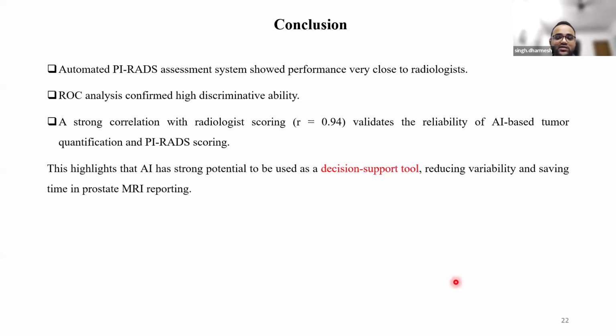The ROC analysis further confirms the high discriminative ability, and most importantly, the automated PI-RADS scoring has a very strong positive correlation, like 0.94. So this validates the reliability of our AI-based tumor quantification. Overall, these results highlight that AI has strong potential to serve as a clinical decision support tool.